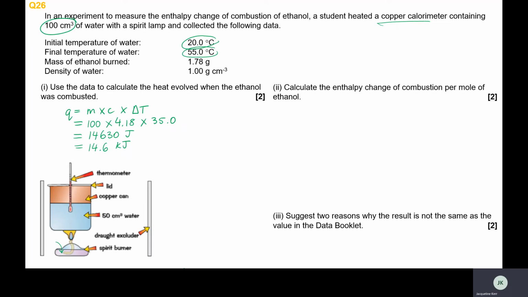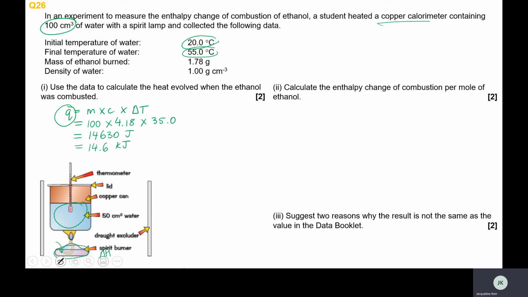So that's our heat evolved for that one. Now, the next part of the question is to calculate what the enthalpy change of combustion was for the ethanol. So Q here was the heat exchanged in the water, and then the enthalpy change is kind of the context of what was happening in the fuel to make that happen.